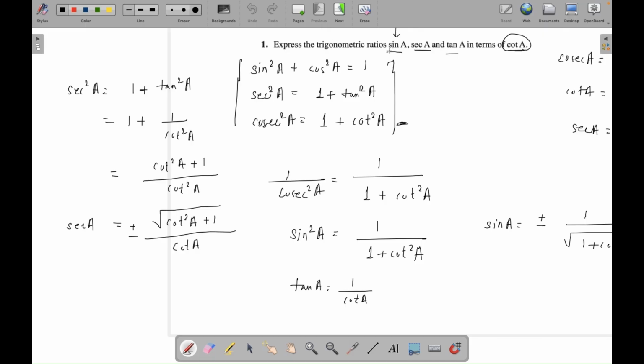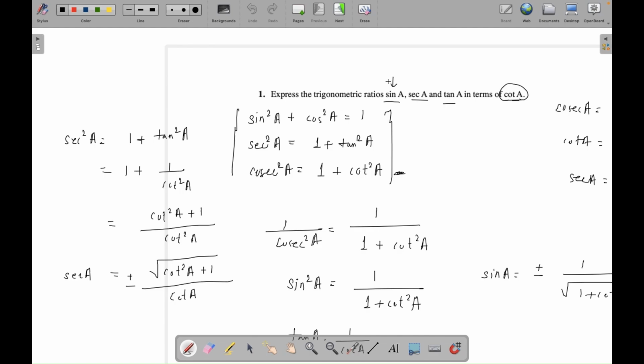For example, if I want to write sin A and cot A together, so when I have sin A, I can write cosec A as well interchangeably, and I can write this as tan A interchangeably.